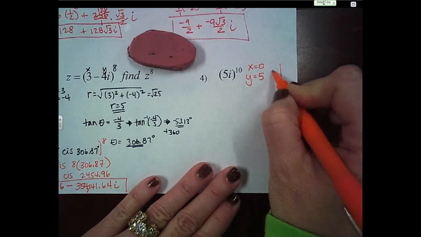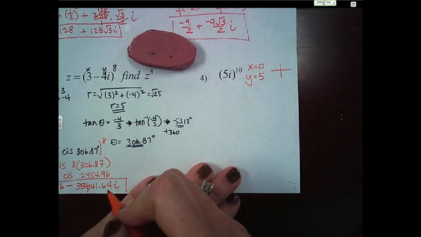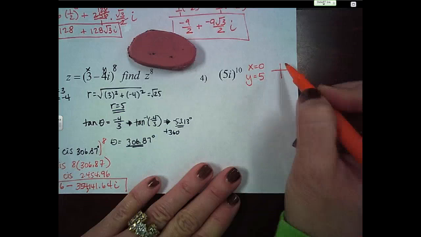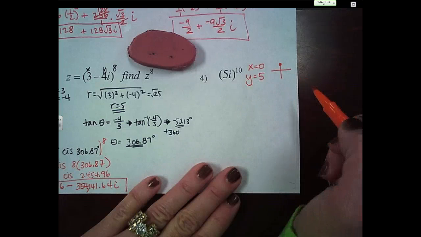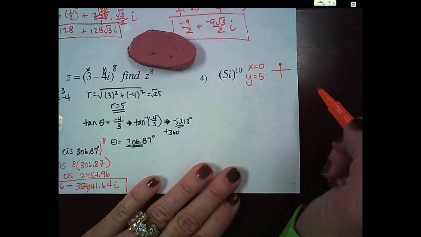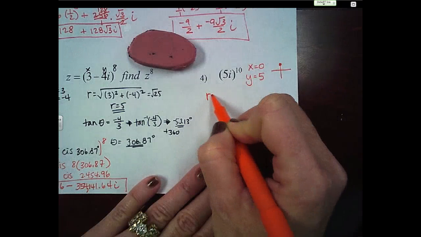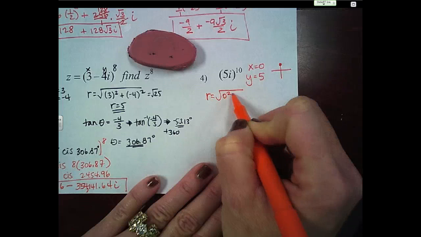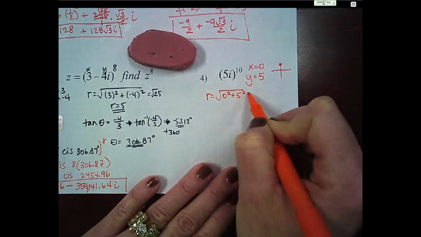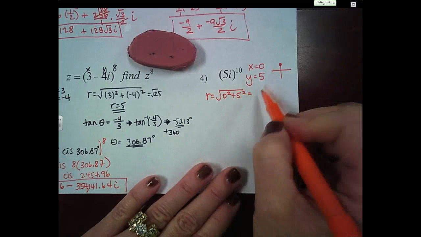Now you're going to graph the point 0, 5. It falls right here. The ones with 0 in them are kind of nice because we don't even have to find theta. What's theta in this problem already? We know it. 90. So we still need to find r. r equals the square root of 0 squared plus 5 squared, so the square root of 25.